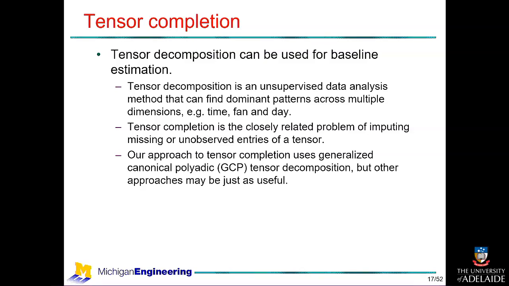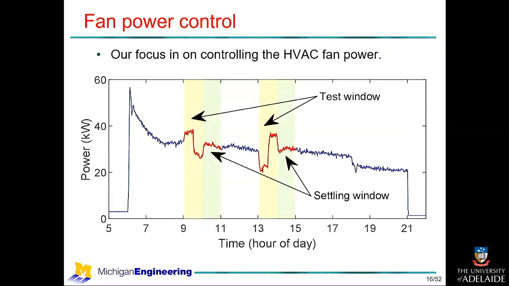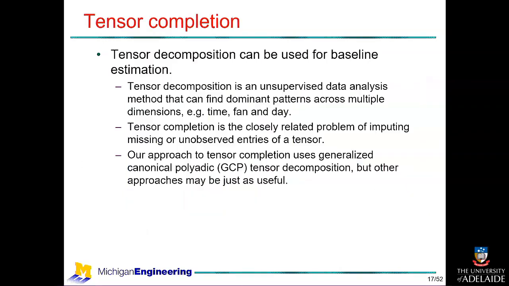Tensor completion is a closely related problem of imputing missing or unobserved values. So we use tensor decomposition to build a model and then say this piece here is missing. Can we use tensor completion to fill in that missing information?